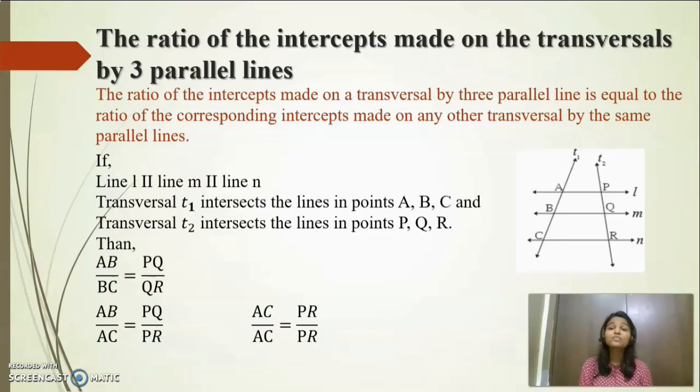Whereas you use this theorem whenever you have three parallel lines and two transversals, and those two transversals are intersecting all the three parallel lines. Clear, students? Thank you for watching this video.